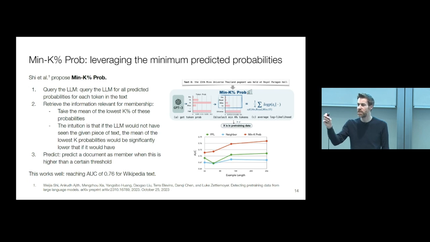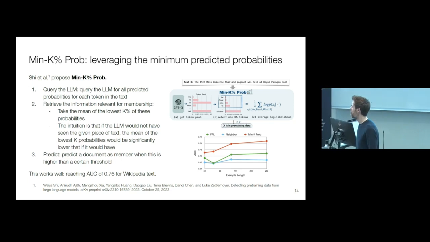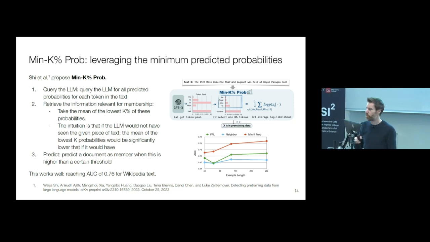So "war is peace, freedom is," and if the model gives very low probability to "slavery," it probably has not seen 1984 during training. Second, instead of a meta-classifier, they average the probabilities and decide based on a threshold. They focus on Wikipedia and get an AUC of 76.